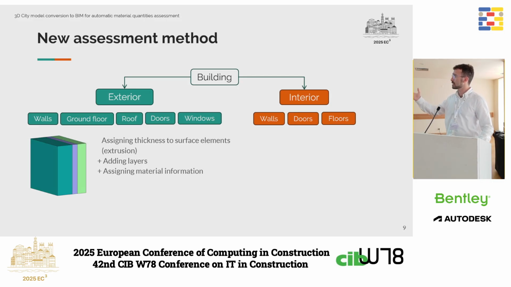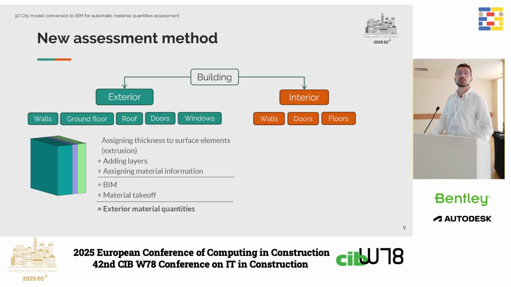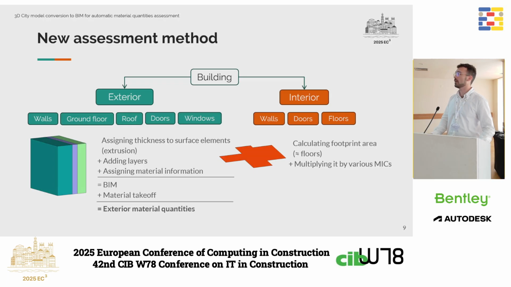So adding layers, assigning material information to it, which basically means having a building information model on the scale of the entire building. And if we perform the material takeoff, that would get us the exterior material quantities. So for the interior, we use footprint area of the building and multiply it by various material intensity coefficients, and that's how we get interior material quantities.